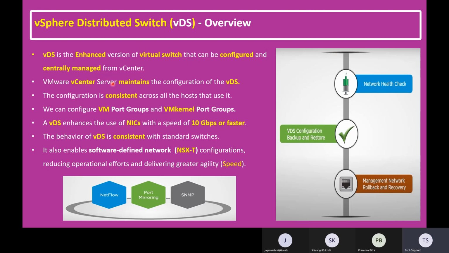VMware vCenter Server maintains the configuration of the vSphere distributed switch, so only vCenter maintains the entire VDS configuration. The configuration is consistent across all the hosts that use it. And we can configure virtual machine port groups and VMkernel port groups. We are familiar with this point. In our virtual switch also, we have only two types of port groups.